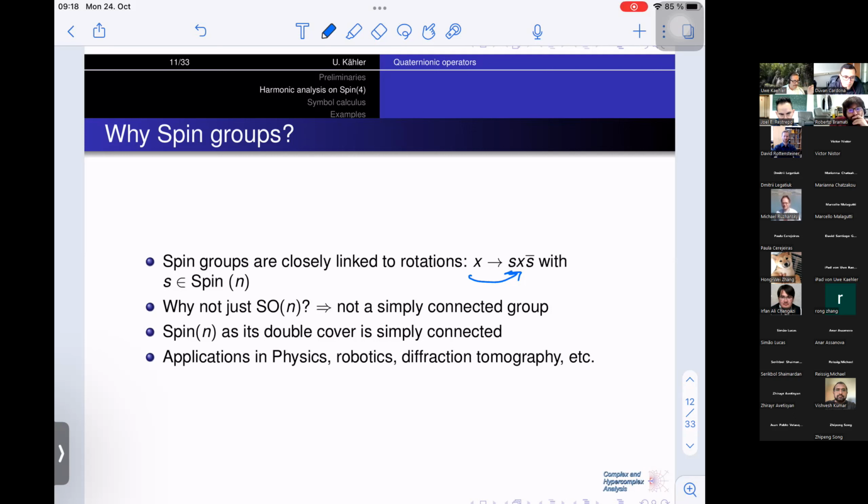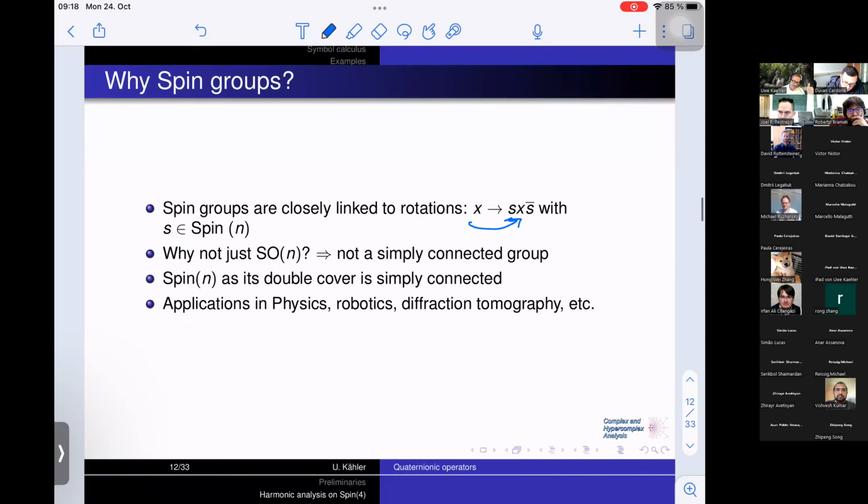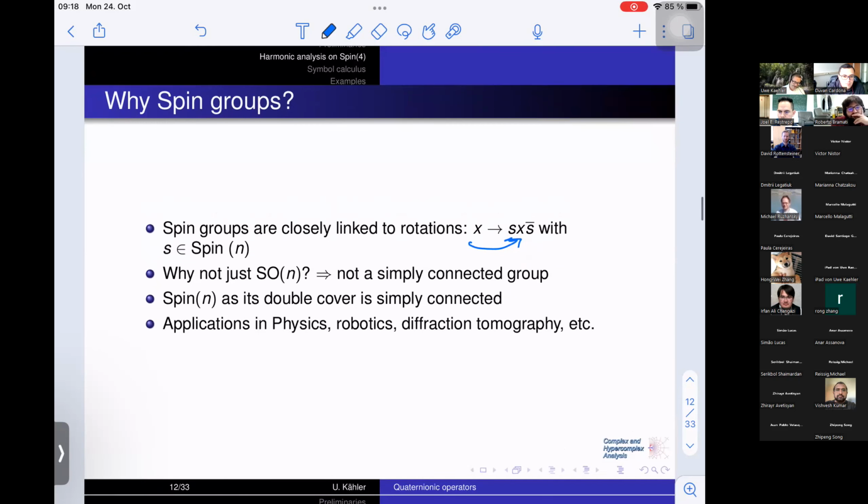The applications, basically, I wrote a lot of things here. The simplest example you have is if you go for the electron, then you have the Dirac equation, Du + mu = 0, where m is the mass.